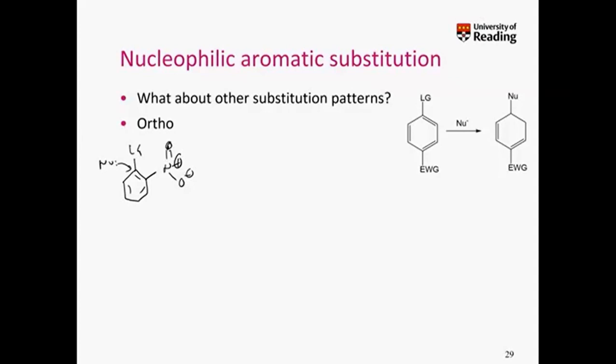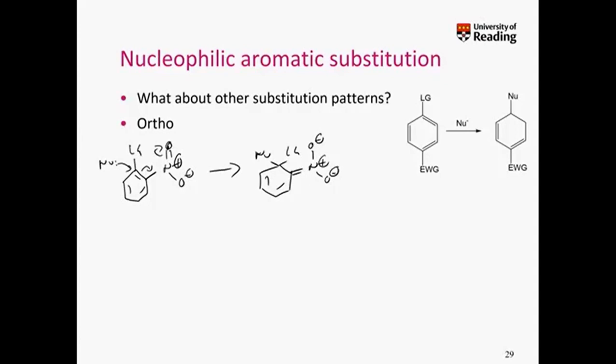So if we do this reaction, we can show that we can move the electrons through the ring, or out of the ring, I should say. So we've got our nucleophile, we've got our leaving group. So we can do the same thing in the ortho position.